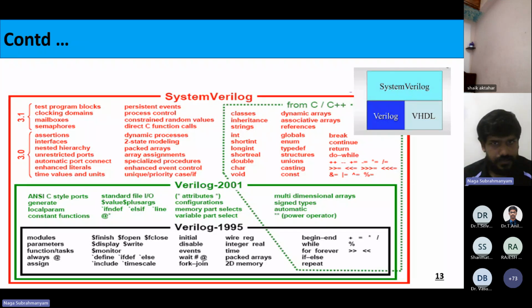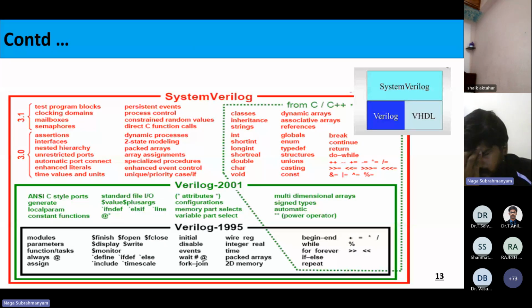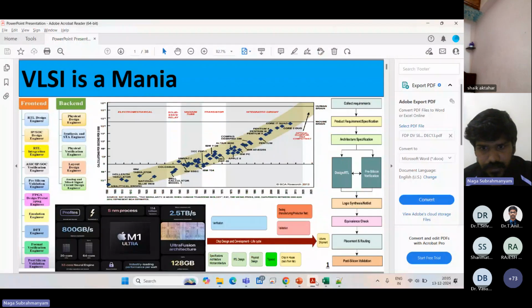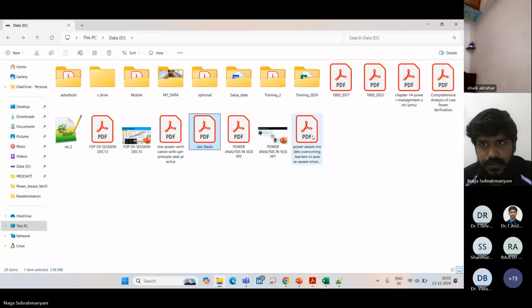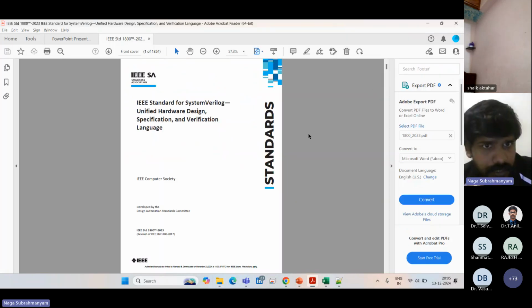Did I mention that? Okay, so there is a thing called the standard. See here, only this one. Are you able to see my screen?